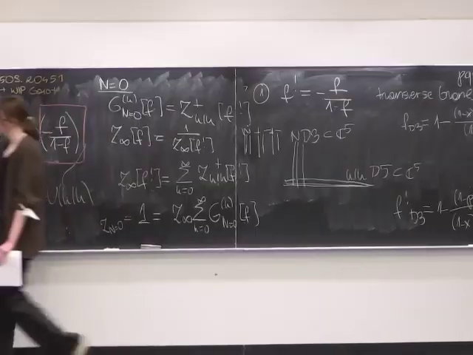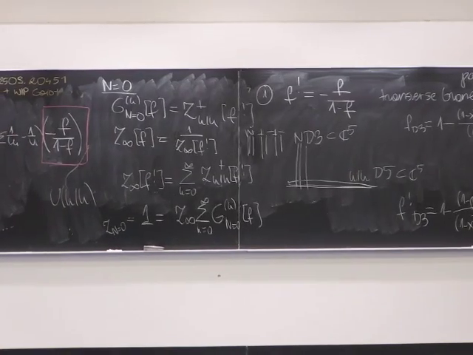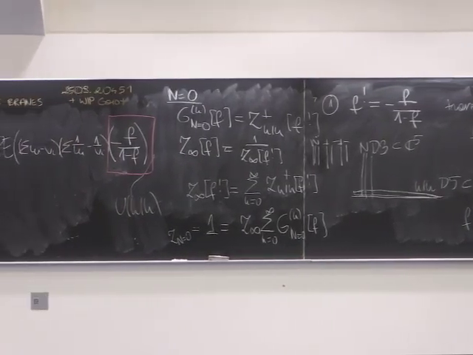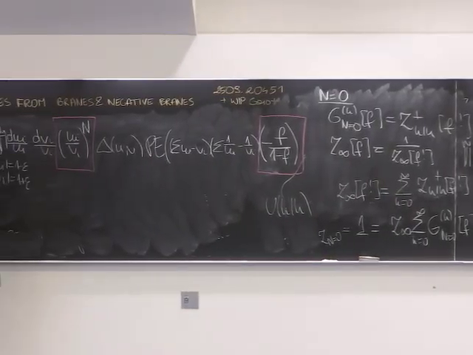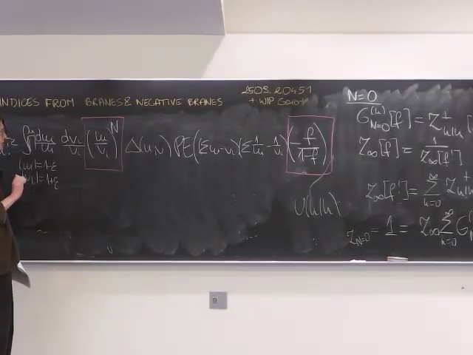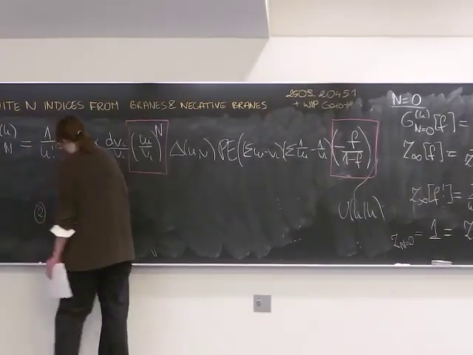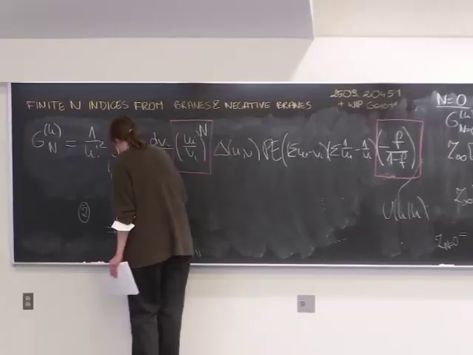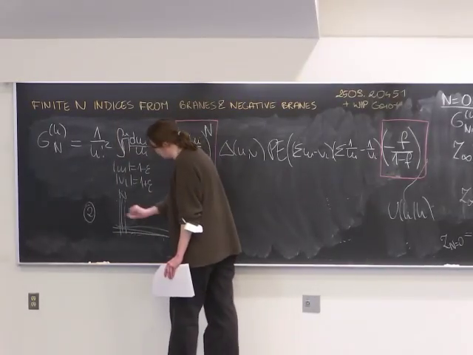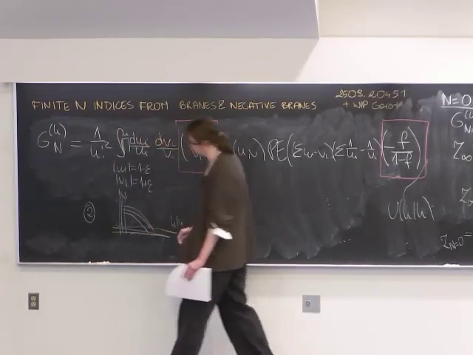So now what about this term? The n bigger than 0 case is a bit more difficult. But one can show that this term actually comes from these extra bifundamental strings here.